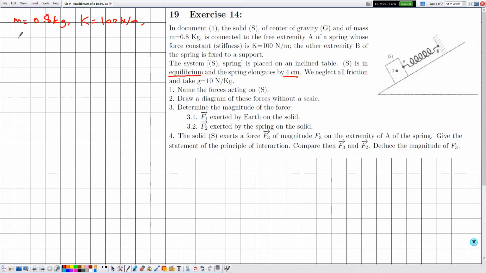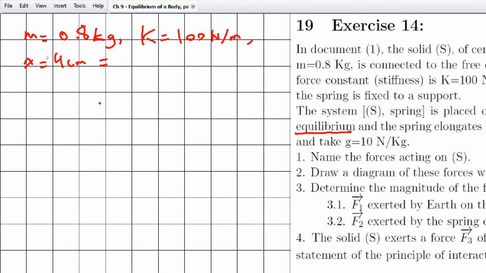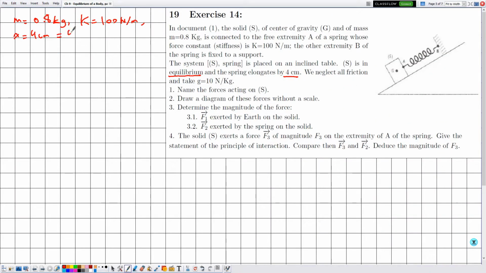So the elongation of the spring is given by x equal to 4 centimeters. But we know that centimeters is not the SI unit of length. In order to convert from centimeters to meters, we divide by 100. Now we neglect all friction and we take that g is equal to 10 newtons per kilogram.